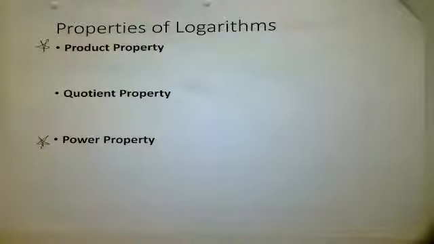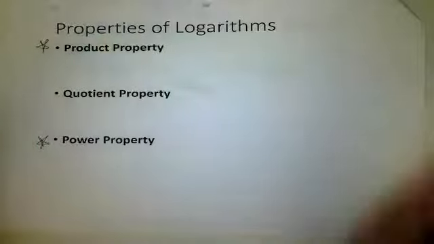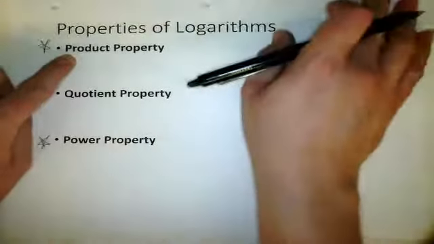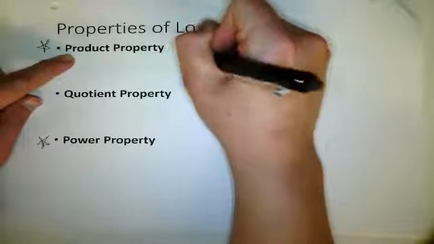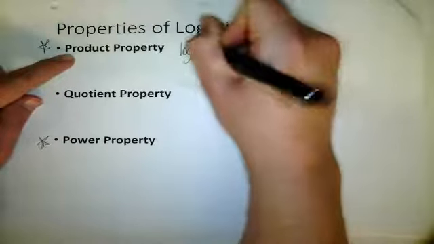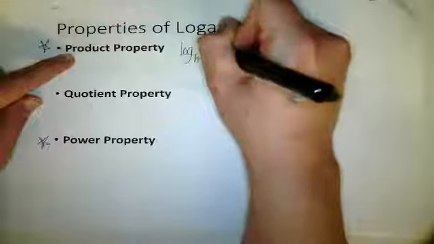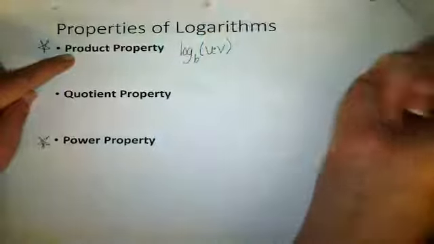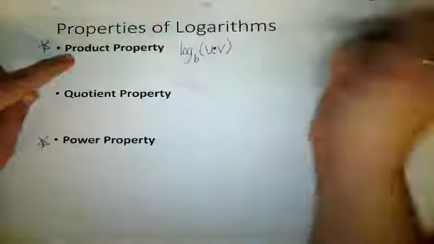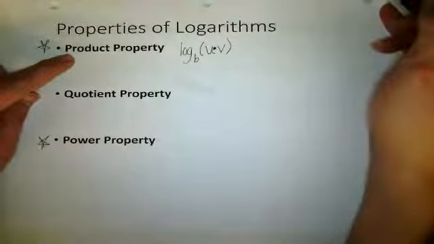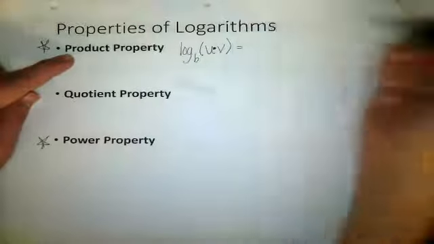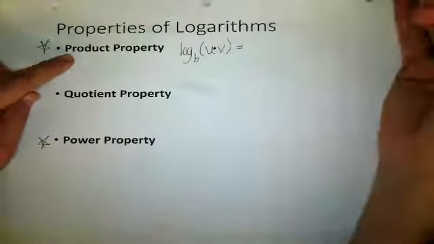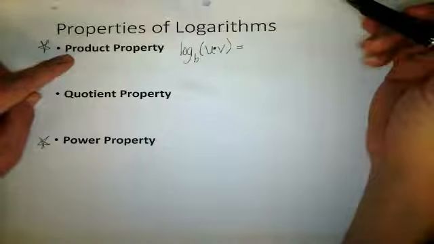All right, so properties of logarithms. The first property is the product property. If I have something that says log base b of u times v, 2 things multiplied together, trapped inside a logarithm, it turns out that I can expand it using addition.